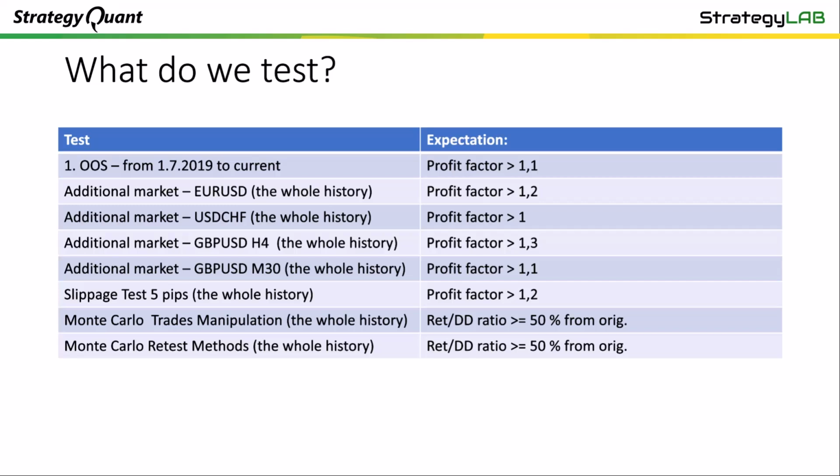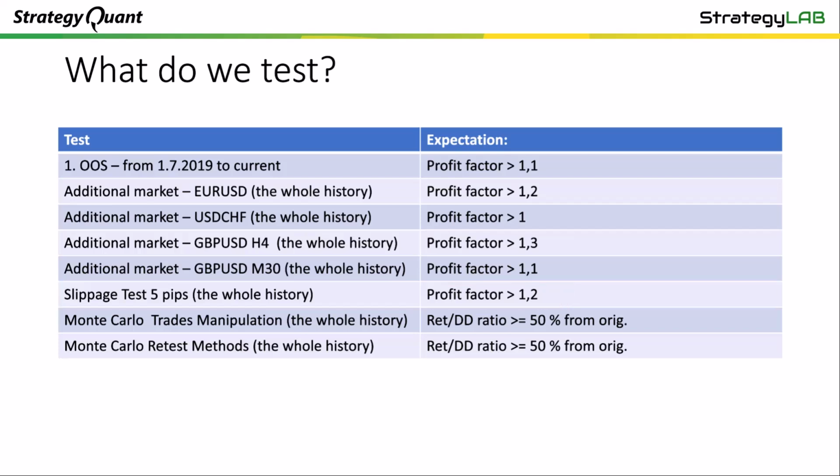For Euro USD, we want a profit factor of 1.2. For USD CHF, 1. For GBP USD on M30 time frame, we want 1.1. For GBP USD on H4 time frame, 1.3. And for GBP USD with slippages, 1.2.